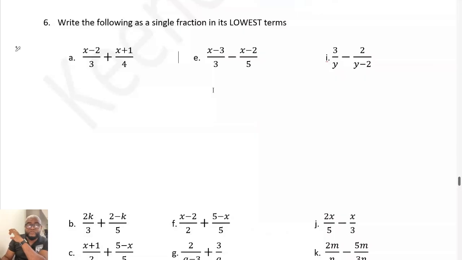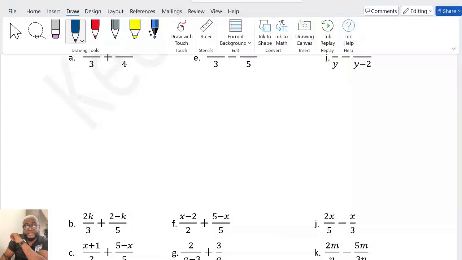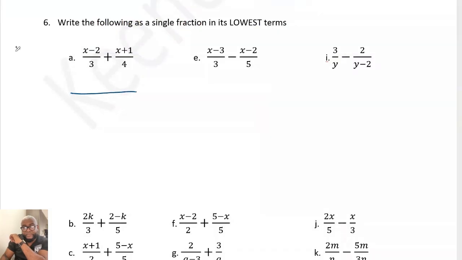The first thing you have to do, just as you would with a normal fraction question, is find the LCM of 4 and 3. What's the lowest number that both 3 and 4 can go into? 12. Excellent. 12 is your LCM, right? Everybody good there?